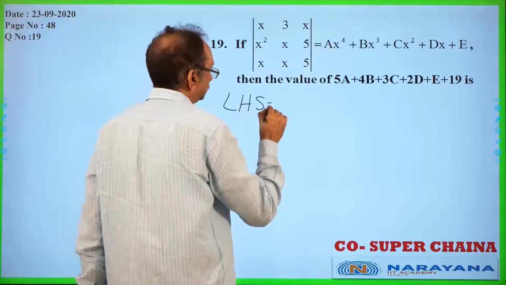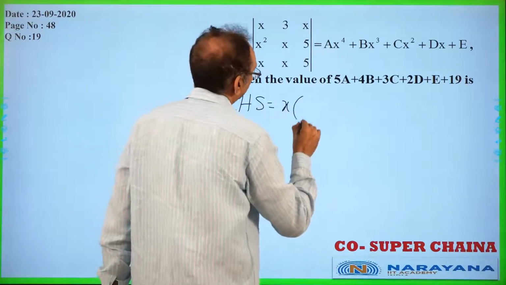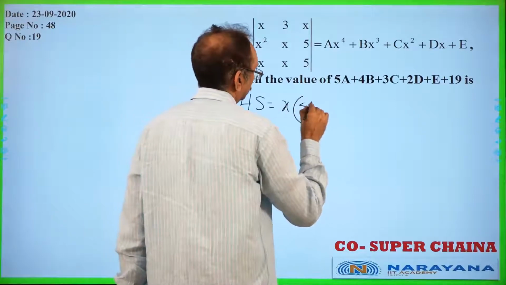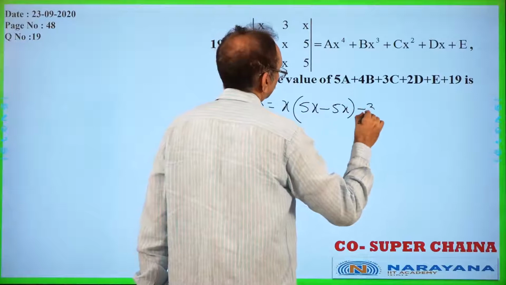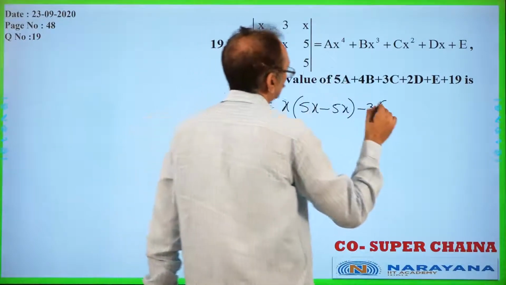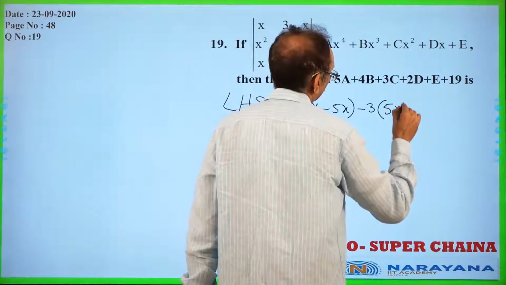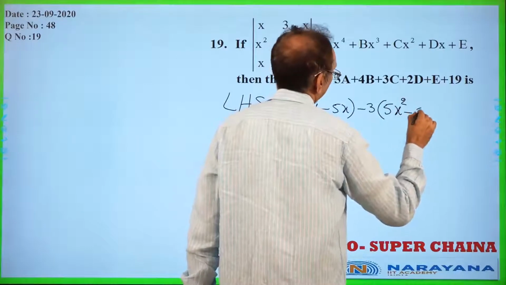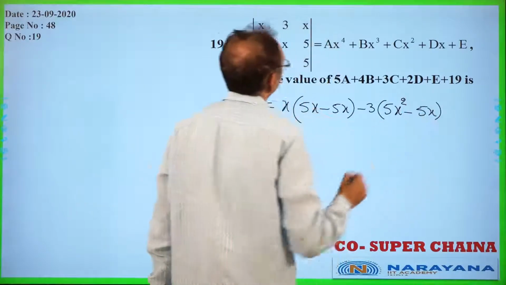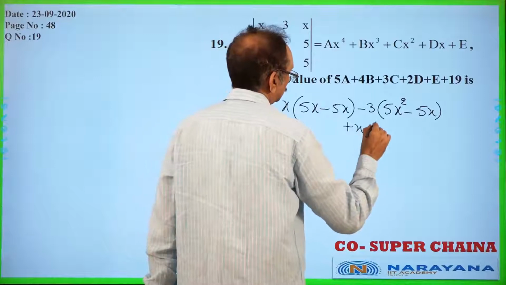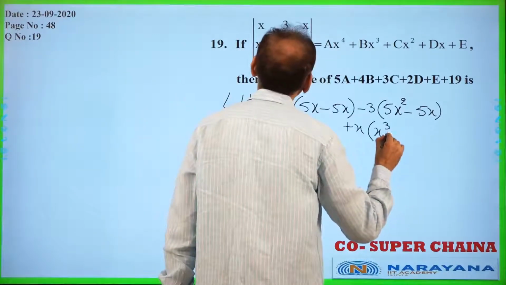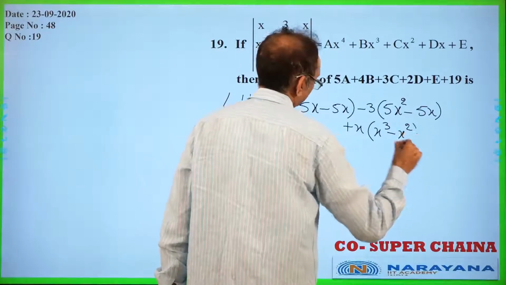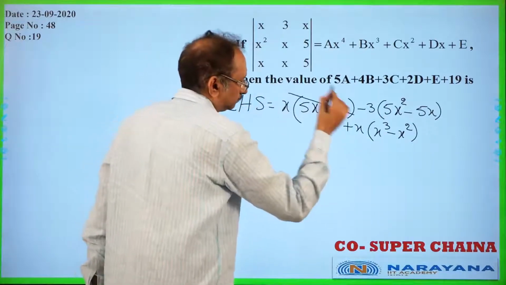So, left hand side is equal to x into 5x minus 5x, minus 3 into 5x square minus 5x, plus x into x cube minus x square, and see this is 0.